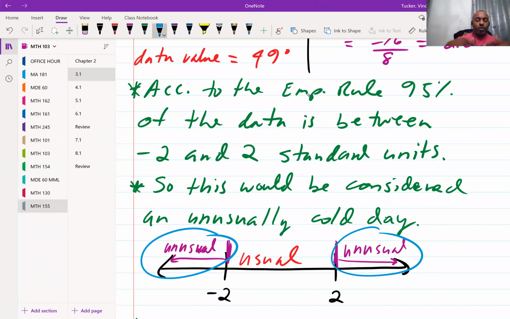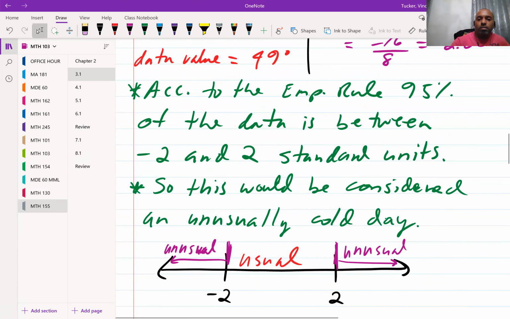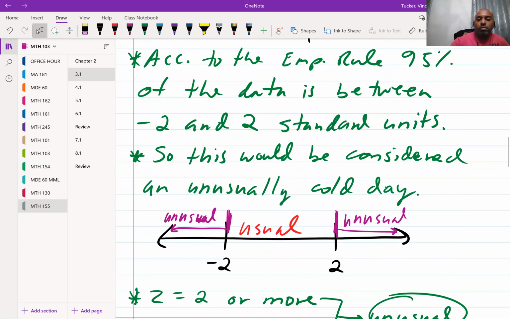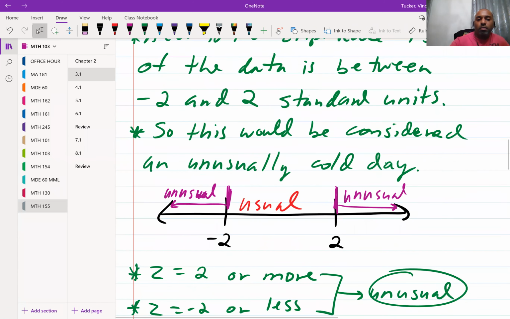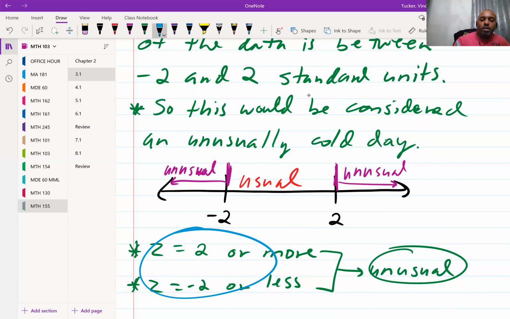And then everything in between -2 and +2 is considered ordinary or usual. And right here is just me saying it again a different way. A z-score equal to 2 or more, or a z-score of -2 or less, is considered unusual.